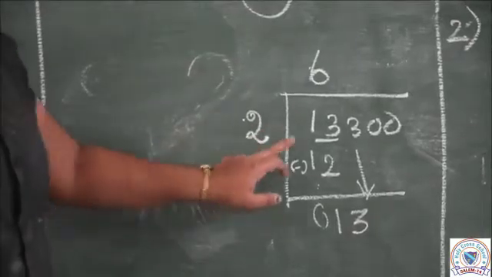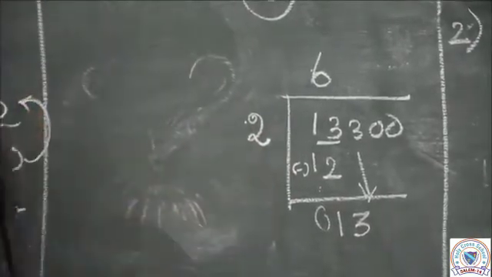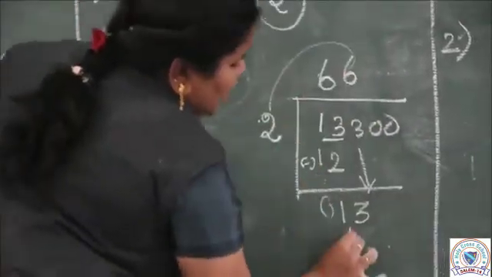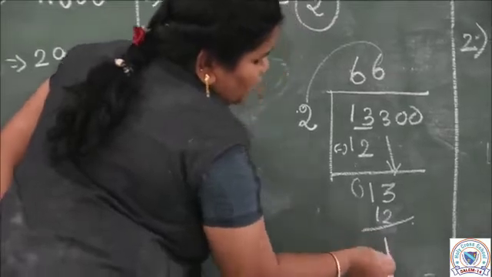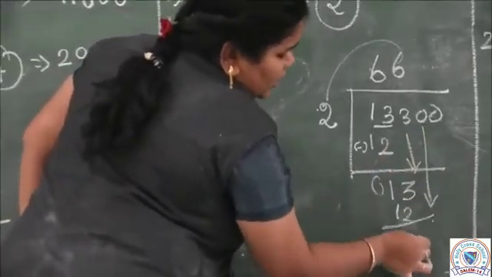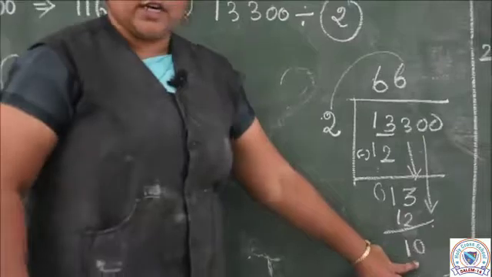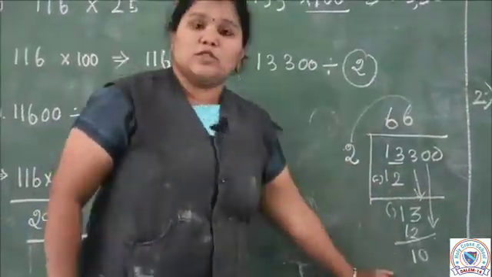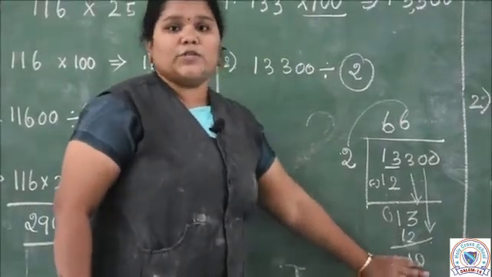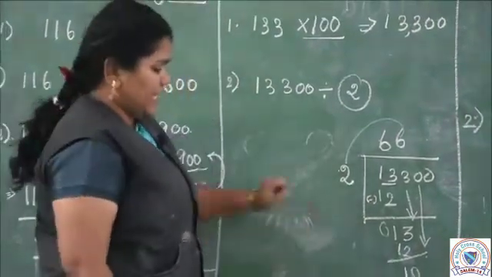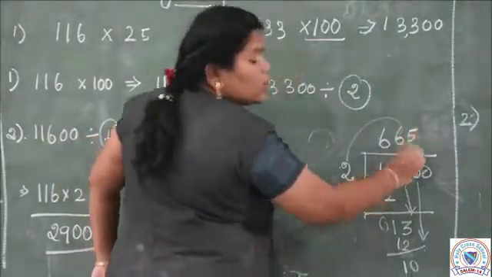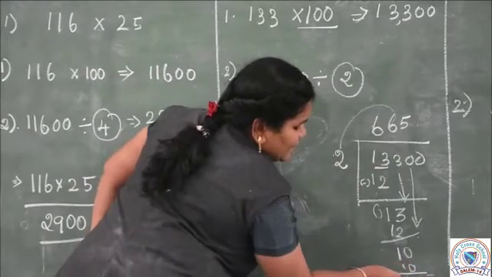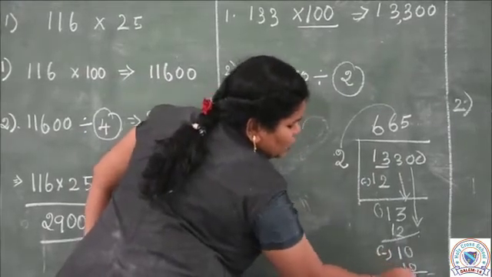How many 2's are there in 13? Again we have 6 2's in 13. 6 2's are 12. Subtract it, 1. Bring down 0 again. If you bring down 0 here, it has a value. Again you can divide it. How many 2's are there in 10? Yes, we have 5 2's in 10. That 5 should be written in the quotient. 5 2's are 10. Then subtract it, you will get 0.